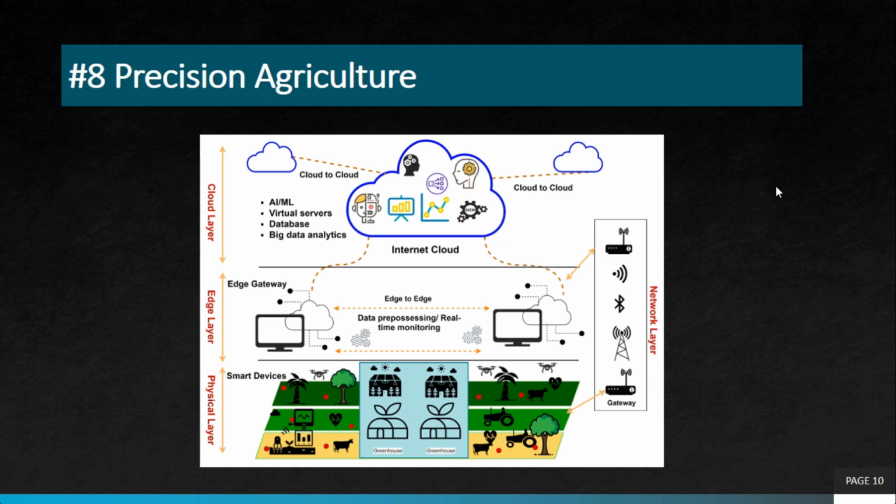It is called IoT, and then using a gateway, you are transferring this data to the cloud, and from there you are doing some AI ML, virtual servers are running, databases are there, big data analytics is going on, and all of this is going into cloud computing. So we can replace the computing part with quantum computing to improve the efficiency of the results.